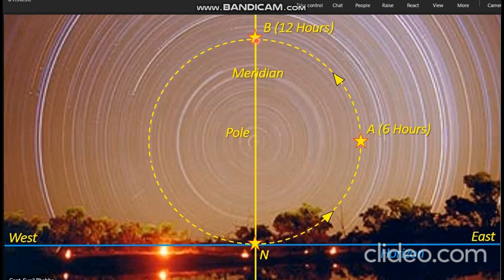From point Bravo, the gyrostar is going to move further on its declination circle, again shown by the yellow color arrow. And after about 18 hours, the gyrostar is going to be at point Charlie, point C in our diagram. This is the position where the gyrostar will be after 18 hours.